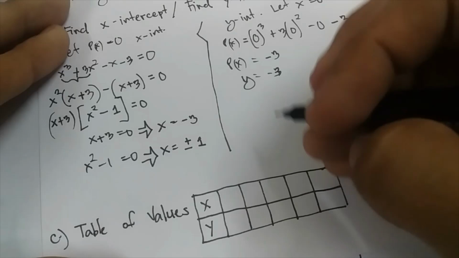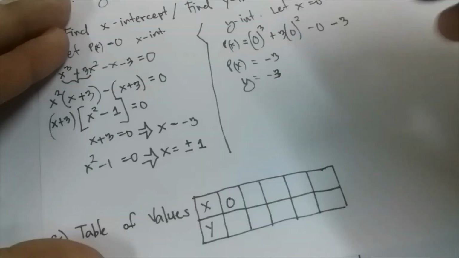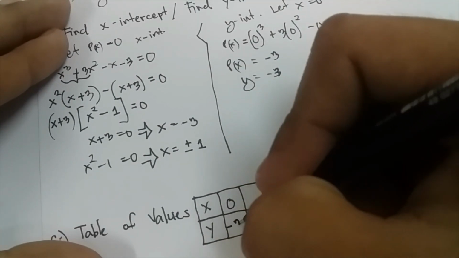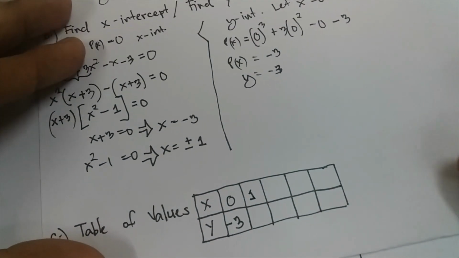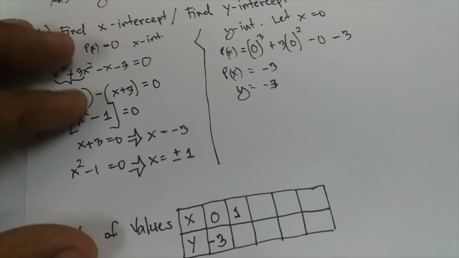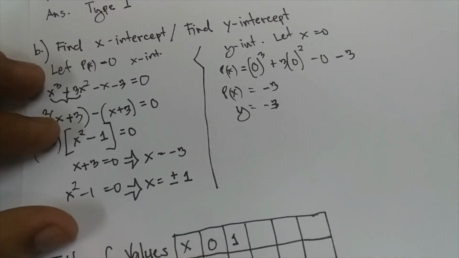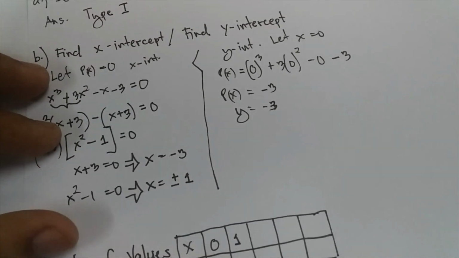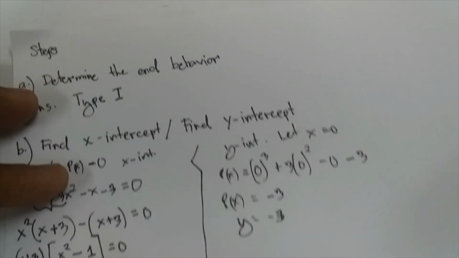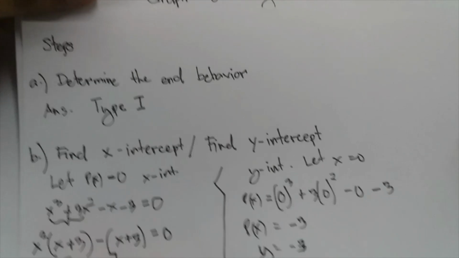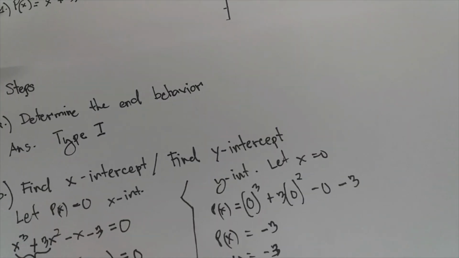So if x is 0, we know that it is negative 3. If x is 1, we can simply substitute the value of x is equal to 1 to the polynomial function.